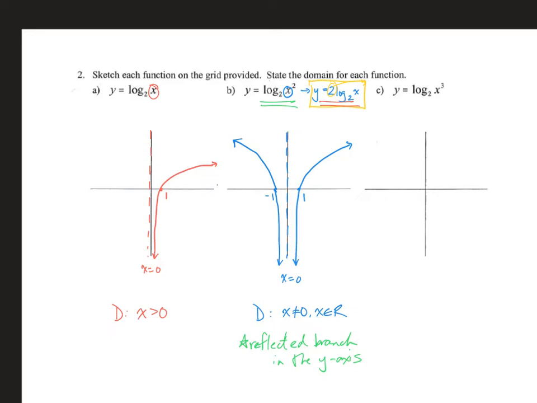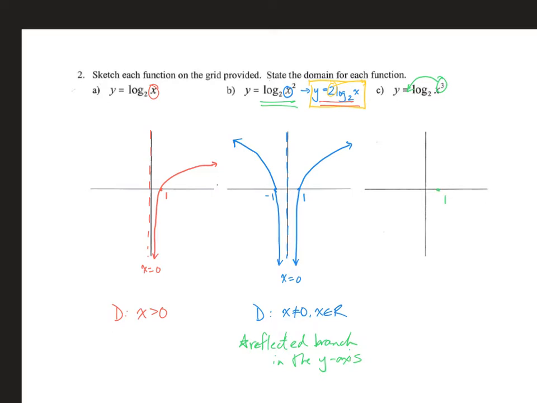Okay, I'm hoping that we're good with this new type of transformation for us, this reflected branch. Let's take a look at C. We should be able to pick up the pace pretty quickly on graph C. We recognize that we can bring that exponent 3 out in front to figure out the shape of the graph. We're going to have a vertical stretch by a factor of 3.